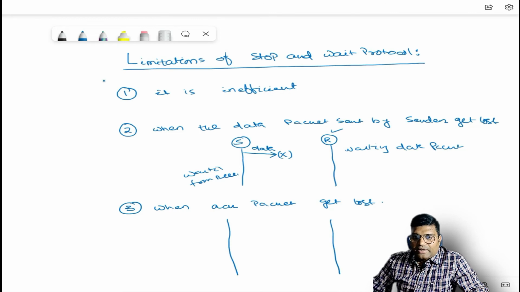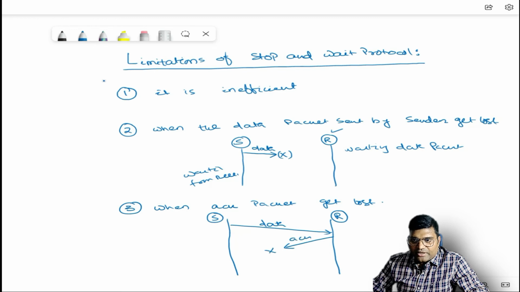And accordingly, for example, this is the sender and this is the receiver, and the acknowledgement packet is lost. The receiver receives the data packet, but while the receiver sends the acknowledgement packet, it gets lost.